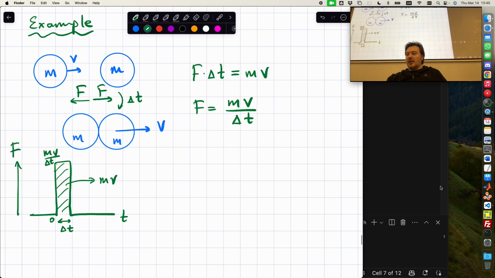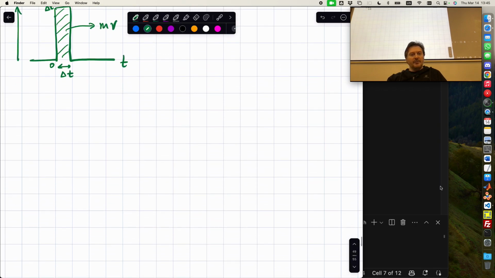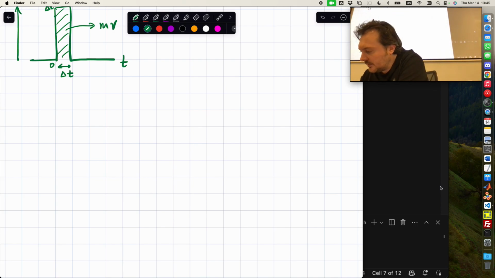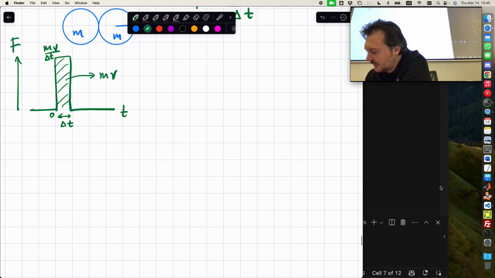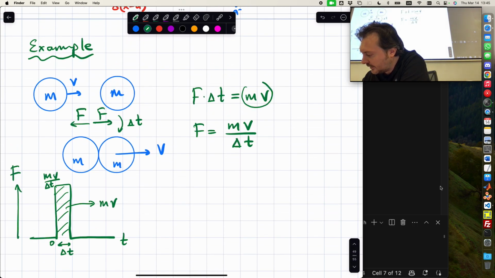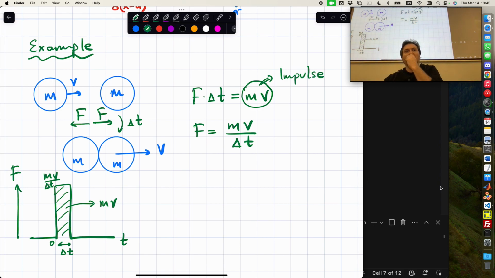How about in our program? If you remember, we started thinking, so let's talk about impulse. So this thing is called impulse, right? Impulse is the change in the momentum.